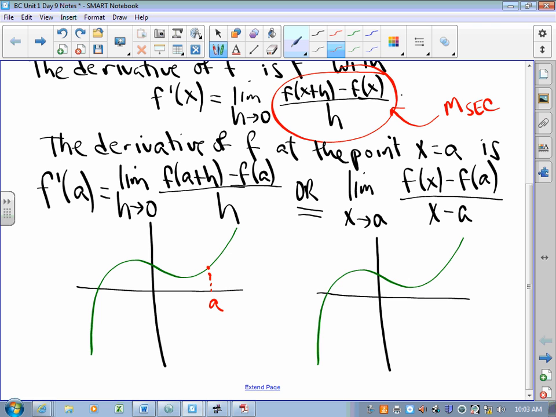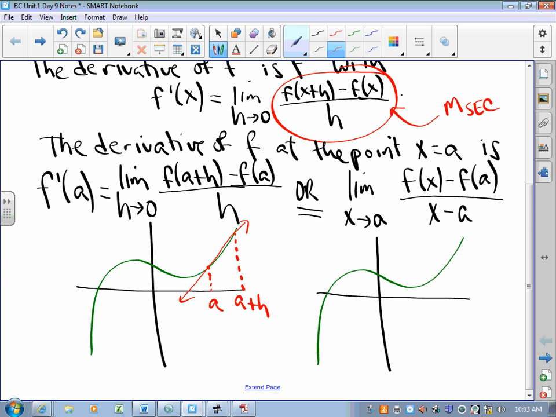We're moving over some distance h, and we take the slope of the secant line and then squeeze that h smaller and smaller and smaller. It's exactly what we do for the definition of derivative in general. We're just applying it at a very specific point a.